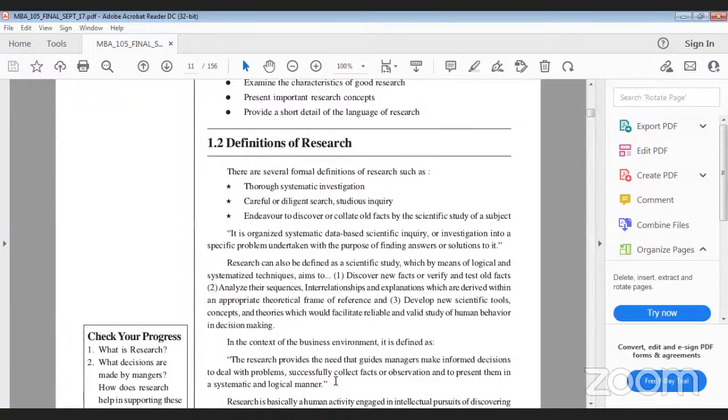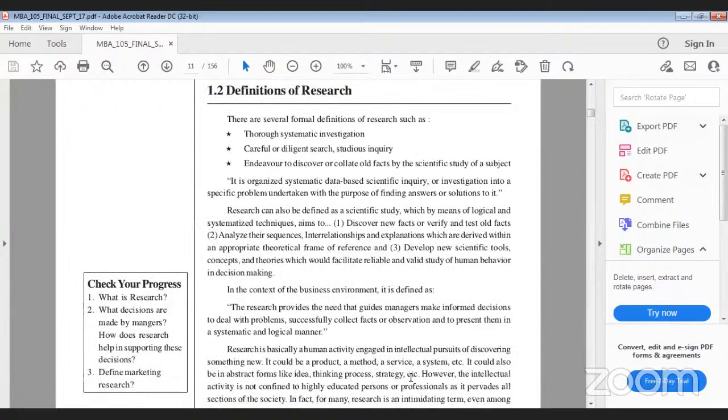The next concept is business research. In the context of business, it is defined as research that provides the information that guides managers to make informed decisions to deal with problems successfully, collect facts or observations, and present them in a systematic and logical manner.